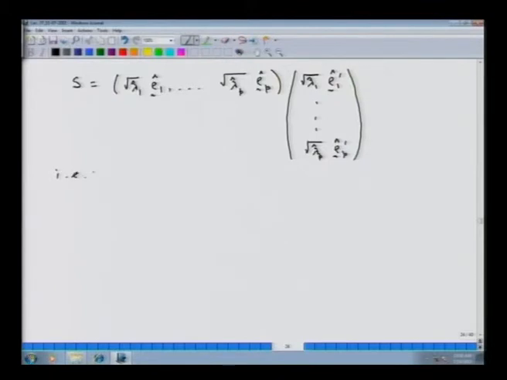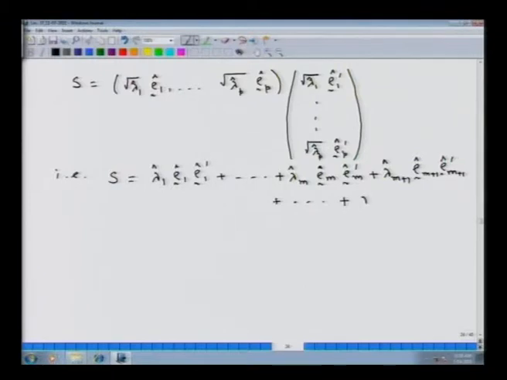That is, S is equal to lambda 1 hat e 1 hat e 1 hat transpose plus, up to the mth term lambda m hat e m hat e m hat transpose, plus lambda m plus 1 hat e m plus 1 hat e m plus 1 hat transpose, up to the last term, which is lambda p hat e p hat e p hat transpose.